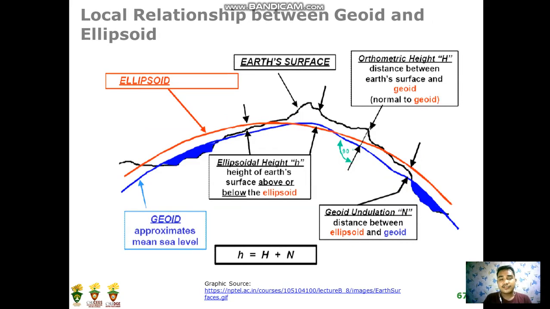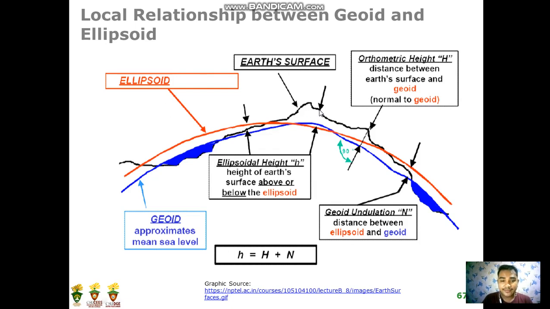So the local relationship between the geoid and the ellipsoid, so mao ni siya ang formula nga i-introduce kaning si h. Diba nato ato ning gi-define ganina nga kani si h is mao ni siya ang ellipsoidal height. So that's mean ellipsoidal height is the height of the Earth's surface above or below the ellipsoid. So kung mao ni si ellipsoid, no, from the Earth's surface, ellipsoidal height is the height from the Earth's surface above or below.